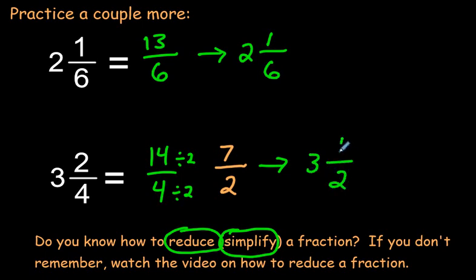And 6 plus 1 is 7, so it's 3 and 1/2. Is 3 and 1/2 the same thing as 3 and 2/4? It actually is, because you could take the top and the bottom of this fraction and divide it by 2, cut it in half. You would end up getting 3 and 1/2, which is the same thing as what we got over here. So even when you reduce the fraction, and it's improper, you're still going to come up with the same answer.